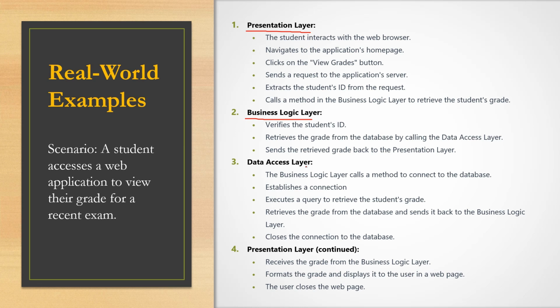First, it tries to establish the connection between your application and the database, and then executes the query, retrieves the data and sends this data to the business layer, and then back to the presentation layer.